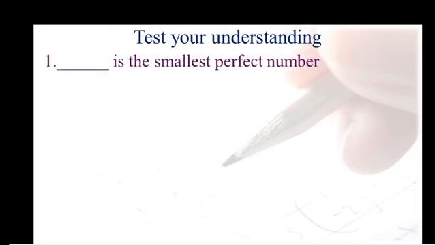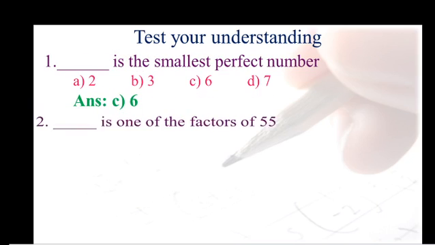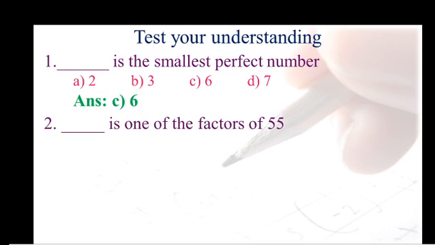Test your understanding. First one, dash is the smallest perfect number. Option A 2, option B 3, option C 6, option D 7. Here the answer is option C, 6. Dash is one of the factors of 55.